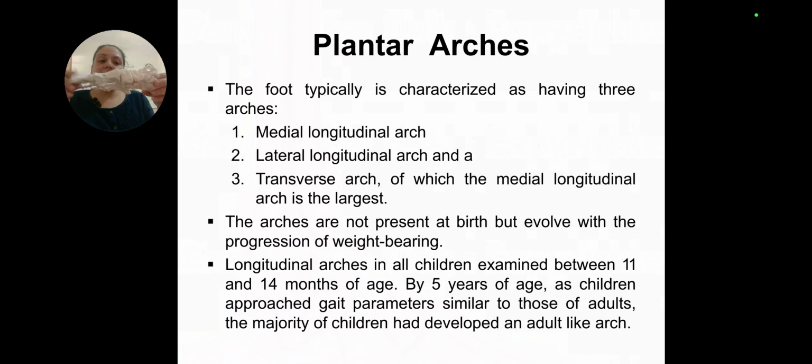Now the plantar aponeurosis is basically the plantar fascia, which is arising from the medial facet of the calcaneum, and it is basically passing beneath and reaching up to the metatarsal heads. It is passing through the plantar arches and going up to the base of the IP joint.